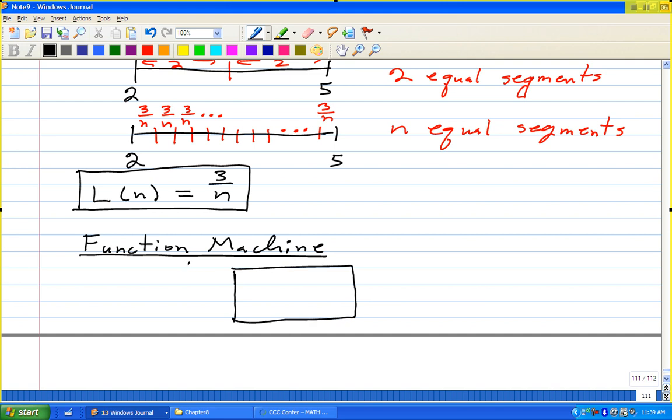And well, we will input something, and then the function machine will do something to it, and then it will give us an output.